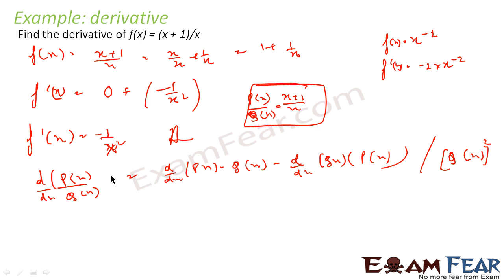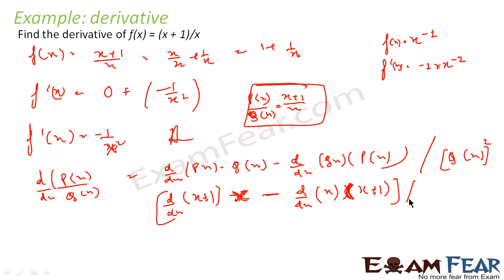This is the value. Now here px is nothing but x plus 1. This value will be d by dx of x plus 1 into x, qx is equal to x, minus d by dx of qx, that is x, into x plus 1, and the whole thing divided by qx square, so x square.